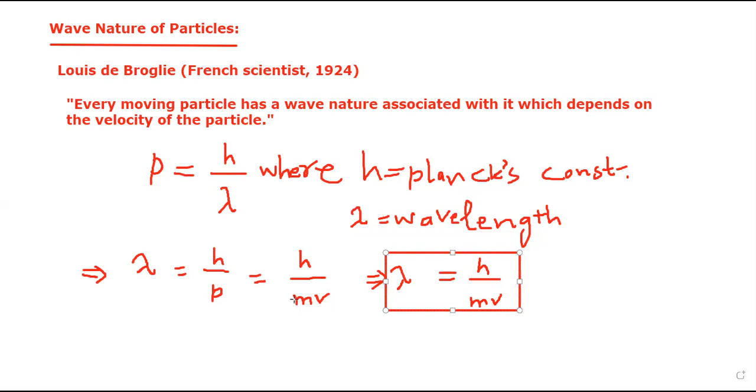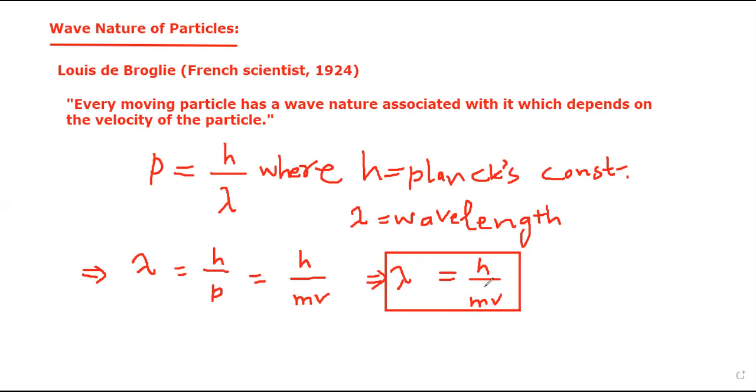What does it mean? Any massive particle has a wave nature, because lambda means wavelength. So if we have a massive particle with mass m and velocity v, then the wavelength associated with it will be equal to h by mv.